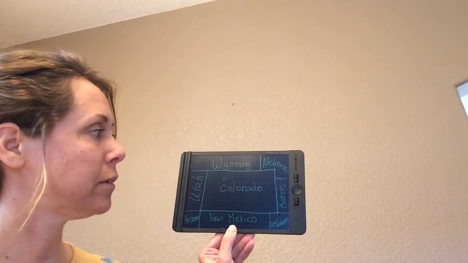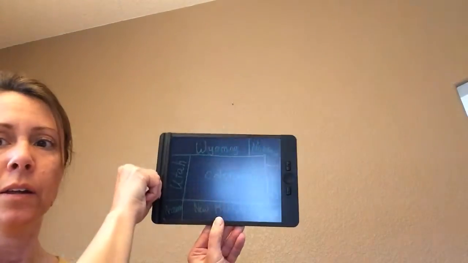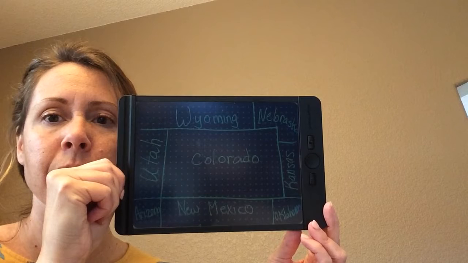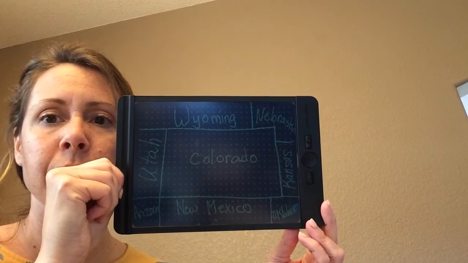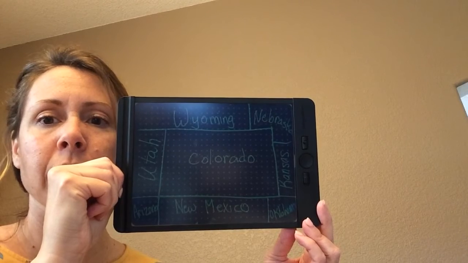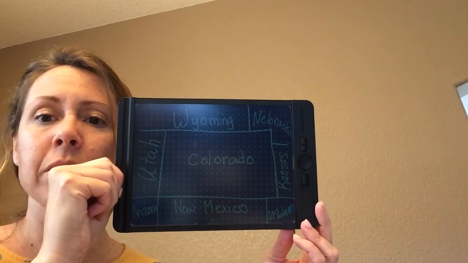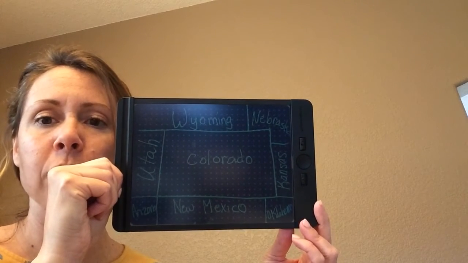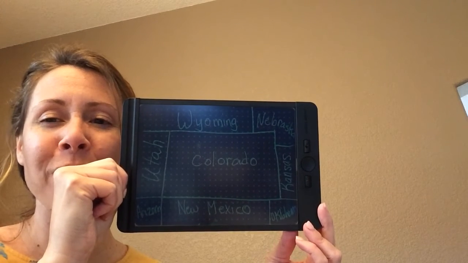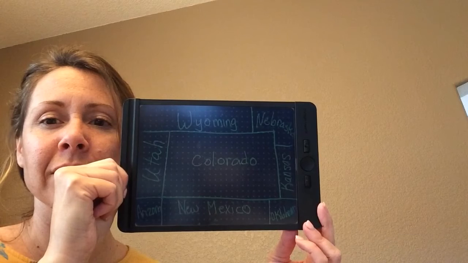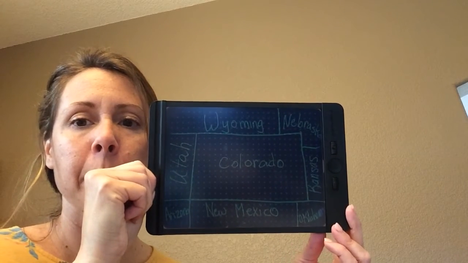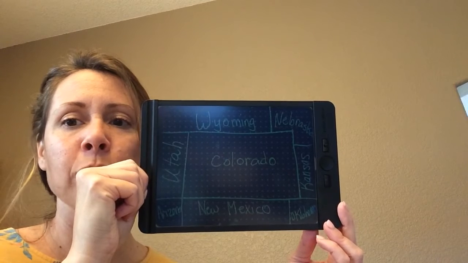Nebraska. Then you're going to have Kansas. Oklahoma is another one that is pretty long, so be careful with the capital O for Oklahoma. Then you're going to add New Mexico.